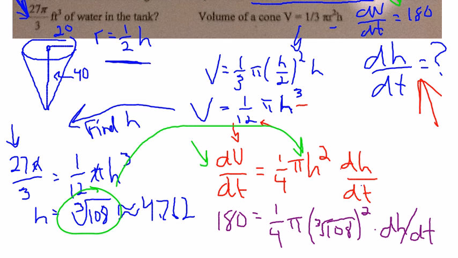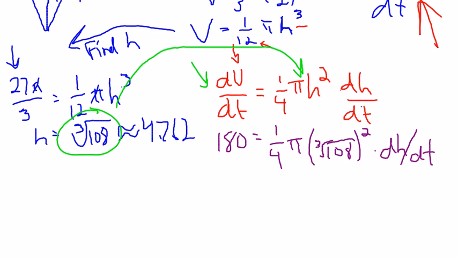Some of you may have trouble solving at this point because of that cube root squared thing. So where do we go here? I'm going to multiply by 4 and divide by pi. So I'm just going to type, well, 4 times 180, is that 720?